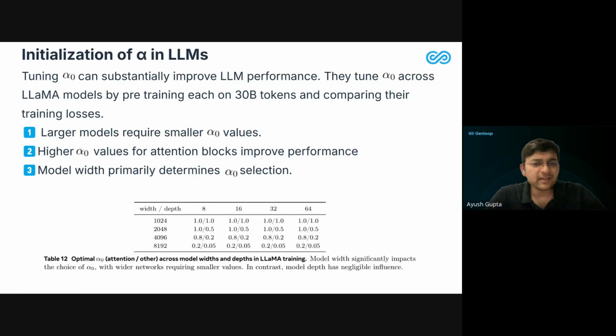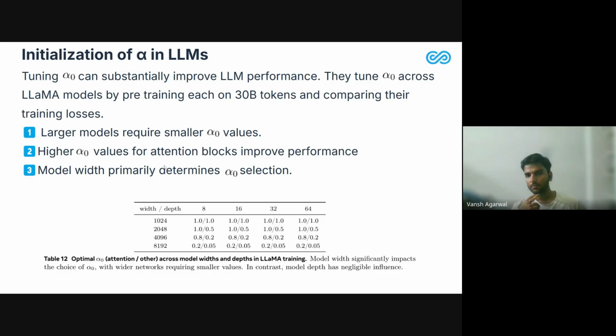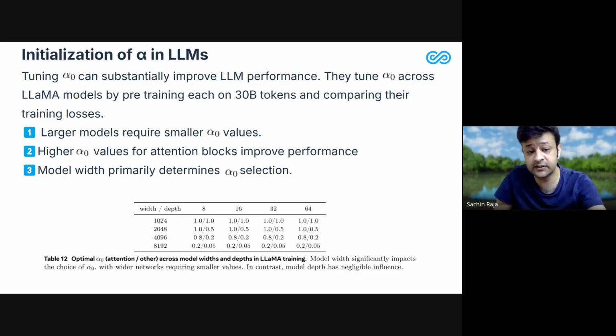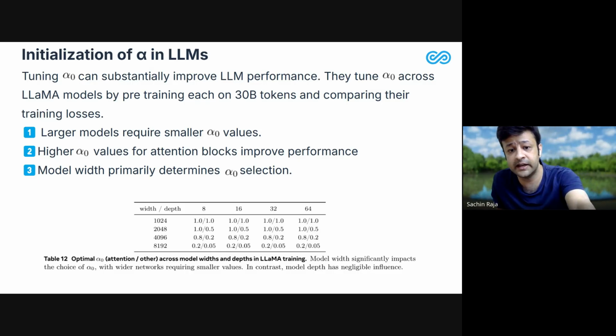Cool. And then why width? Why is model width significantly impacting the alpha? Again, there was no specific reason in the paper, at least. But most probably, model width primarily impacts it, not the depth.